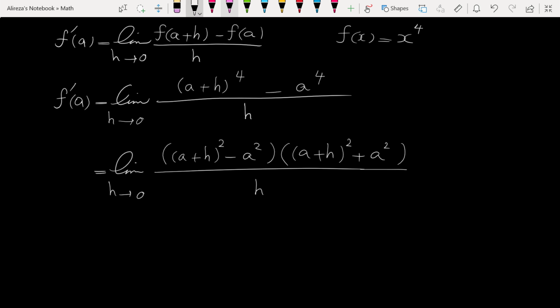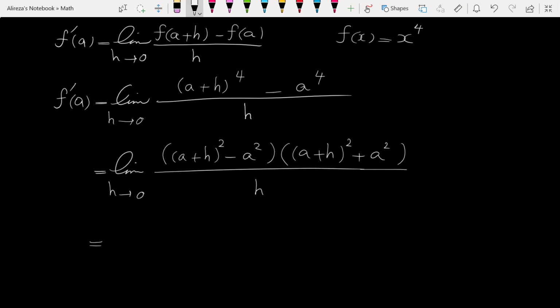So again, let me review. This is like a and this is b. A to the 4 minus b to the 4 is a to the 2 minus b to the 2 times a to the 2 plus b to the 2. Now look at the first bracket in the numerator.